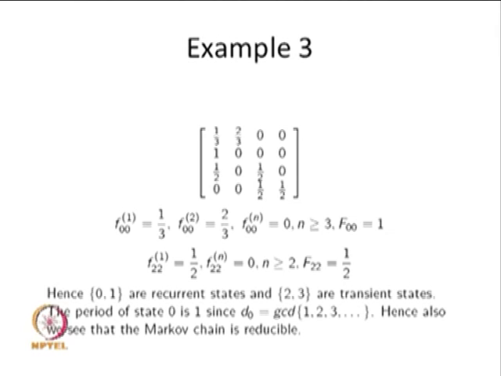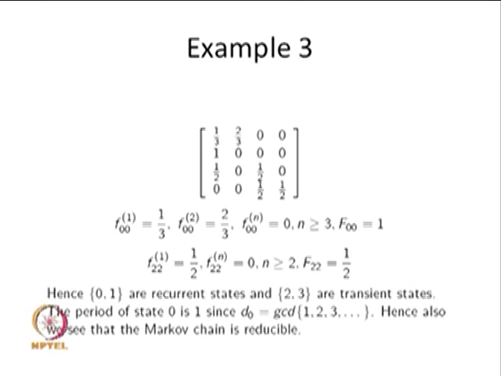If you sum everything up, you get 1 times 1/3 plus 2 times 2/3, that is 1/3 plus 4/3, which is 5/3, a finite quantity. You can conclude state 0 is going to be positive recurrent.